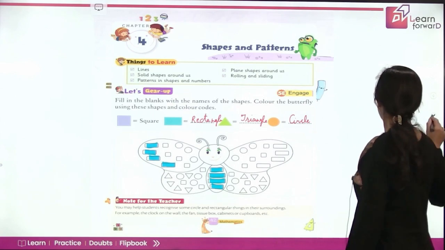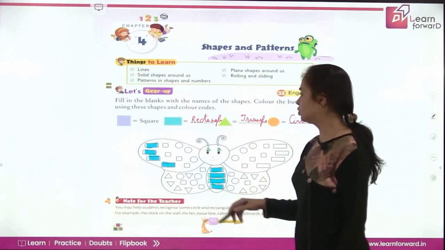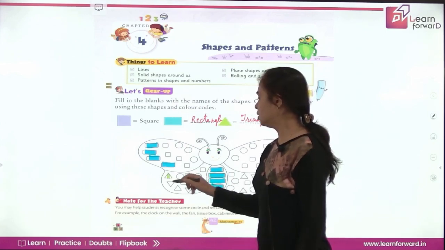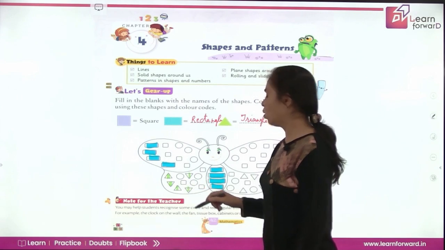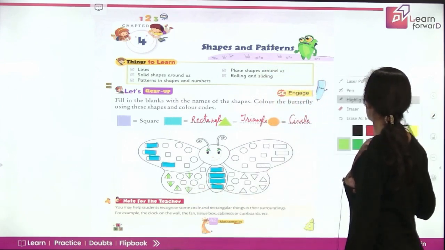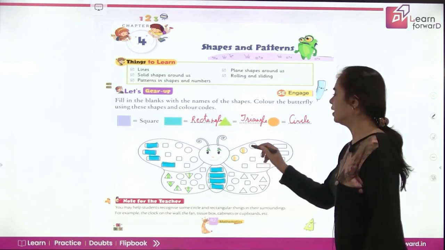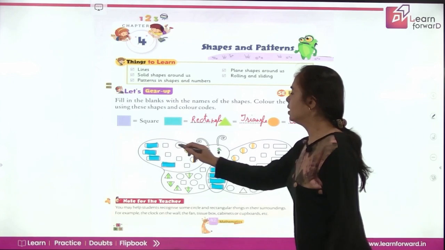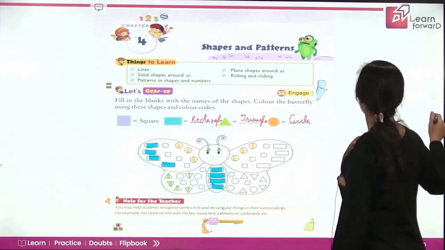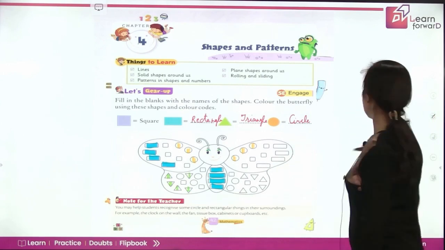Now, the triangles you have to color in green. So, this will be your green, this will be your green. Just pick out all of the triangles and color them green. And then the circles you have to color yellow, right? So, make this butterfly more beautiful by adding colors to its wings and have fun with this activity.